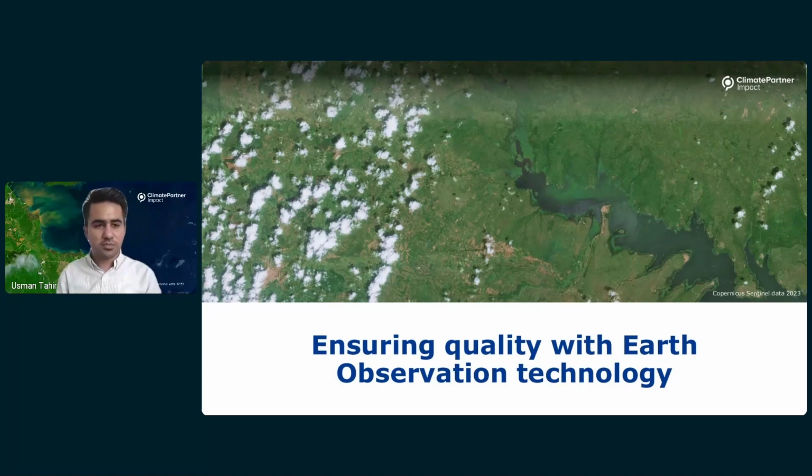By the end of this part, you will have a clear understanding of how we utilize Earth observation to assess the land suitability of our project, how we do the eligibility analysis, and how we mitigate the risk that is associated with the project. And we'll also cover the topic of monitoring our project implementation. So let's get started.